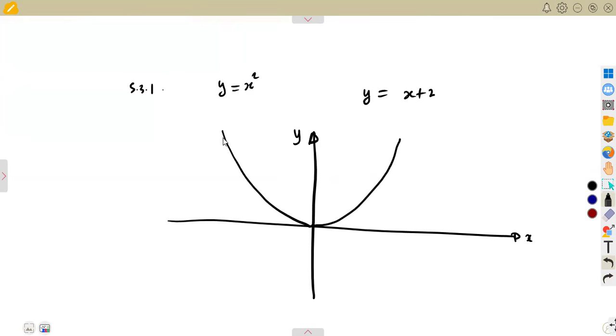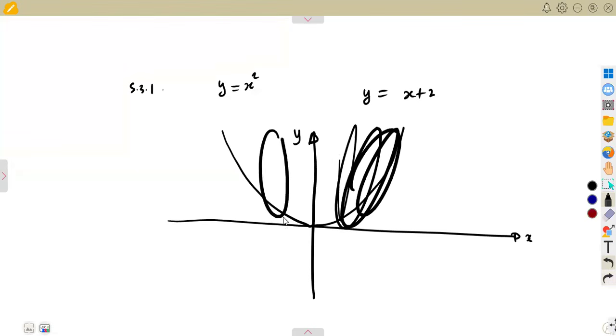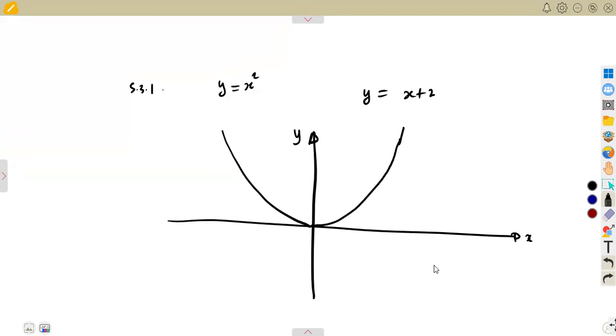In the negative also, the y values will be increasing. In this line of symmetry, the y-axis, these values and these values are the same, only that these x are positive and these x are negative. This is a graph that you're supposed to know by heart.